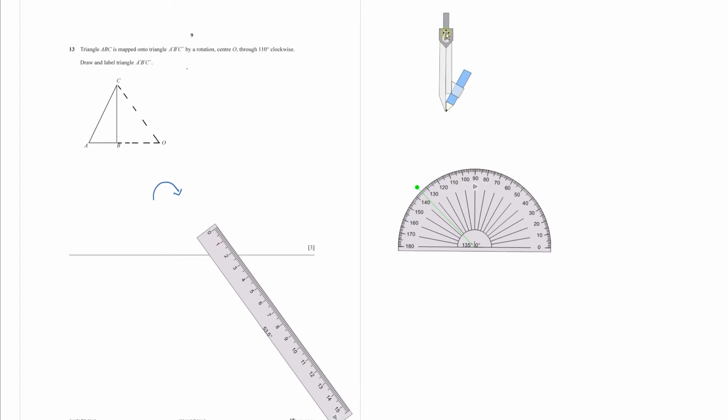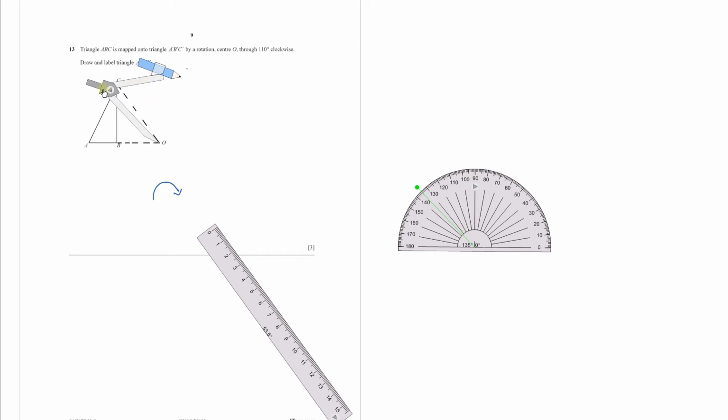So to find the distance, I'll use my compass. I will place it at center O, and then I will open it up till A, so right about here. So now I have this width, the distance here would be equal to the length OA, and then I can draw an arc here.